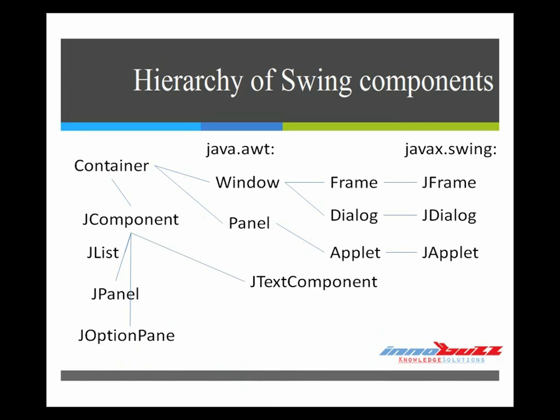JTextComponent is the superclass of JTextArea and JTextField, and the JPasswordField, which is a subclass of the JTextField. The JMenuBar is an implementation of a menu bar. The JAbstractButton and the subclasses of it: JToggleButton, JMenuItem, JCheckBox, JRadioButton, and JMenu.